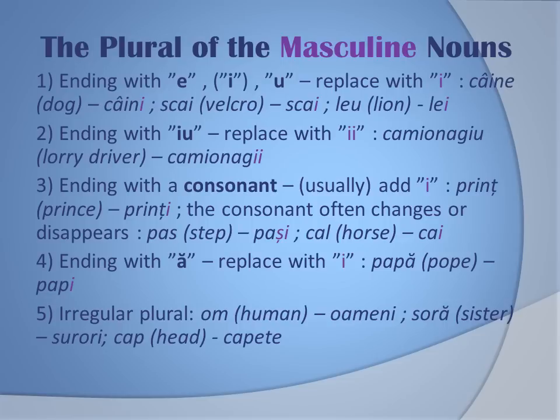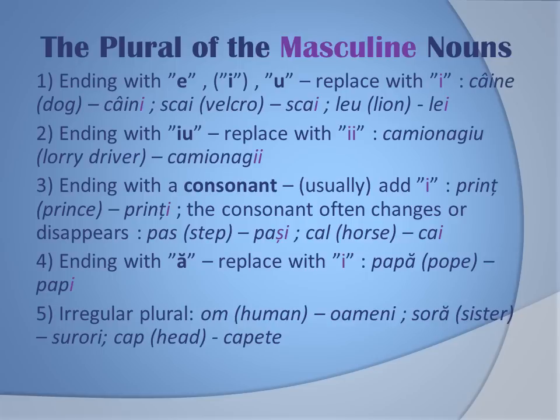For the masculine nouns ending with u, you have to replace the group u with the group i. So camionagiu, lorry driver, becomes camionagi. For the masculine nouns ending with a consonant, we usually have to add i at the end. So we have prinț, prince, which becomes prinți.